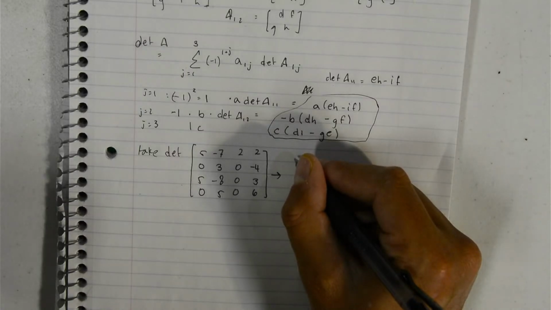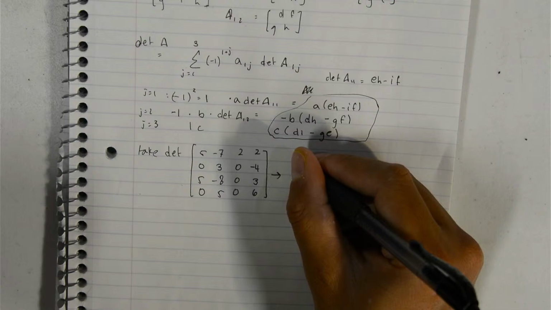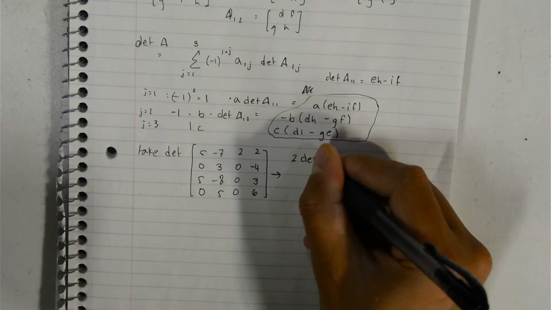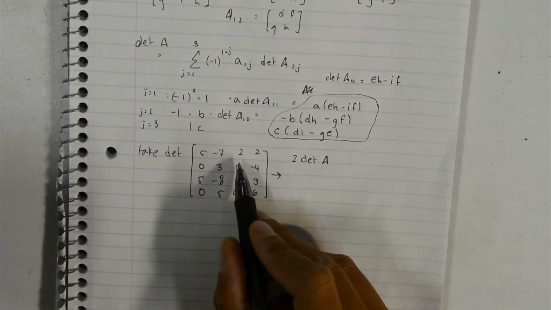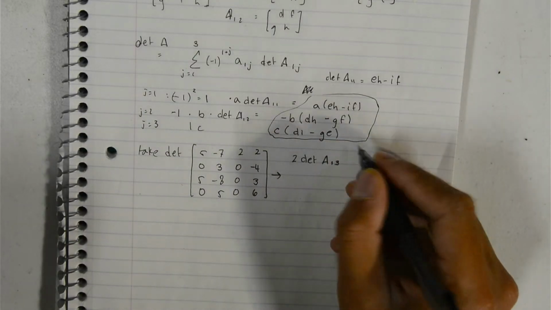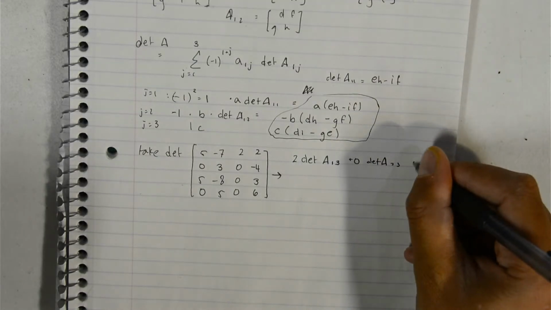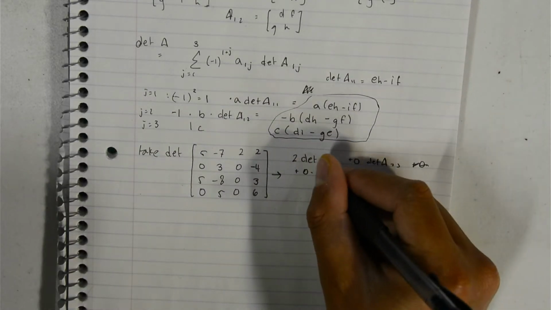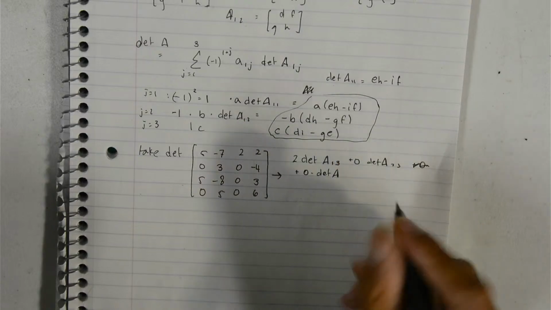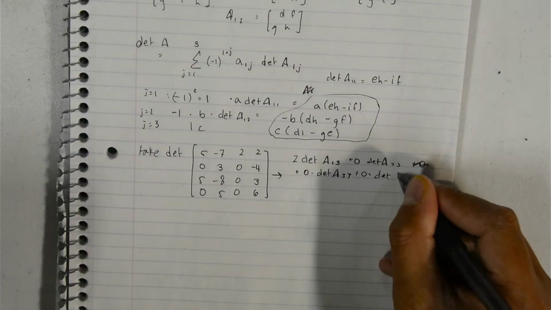It's going to be 2 times the det of A13, then plus 0 times det A23, plus 0 times det A33, plus 0 times det A43.